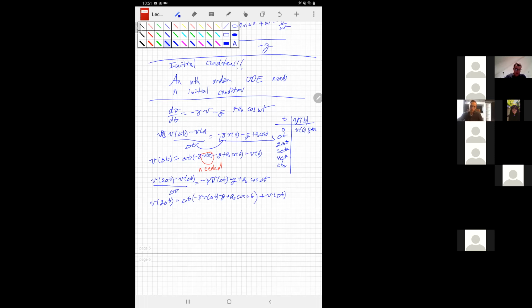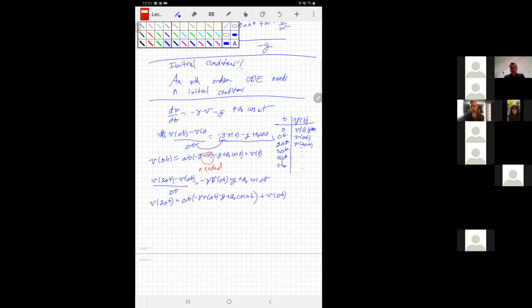All right, so to solve a first order differential equation, this is how you do it. At the end of the day, on a computer, you need an initial condition, and then you can find v of delta t, and then you can find v of 2 delta t, and so forth. So every differential equation needs an initial condition.